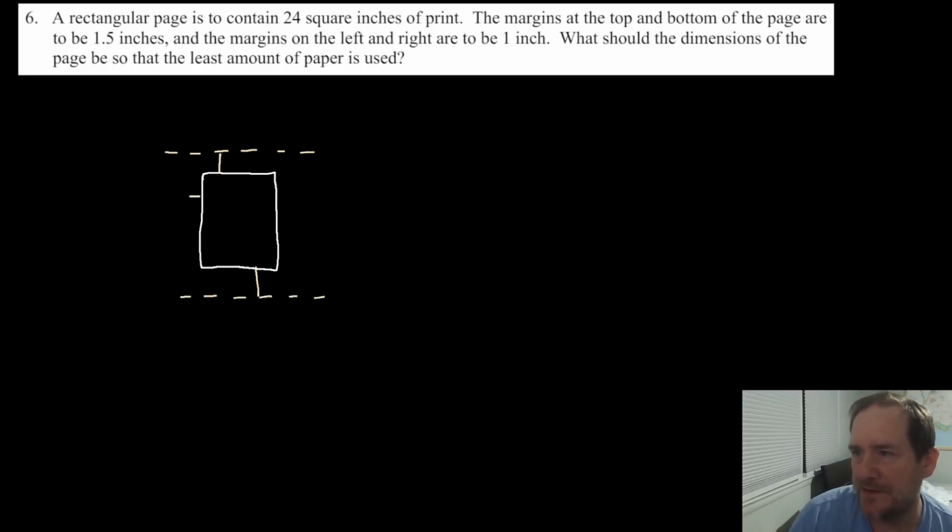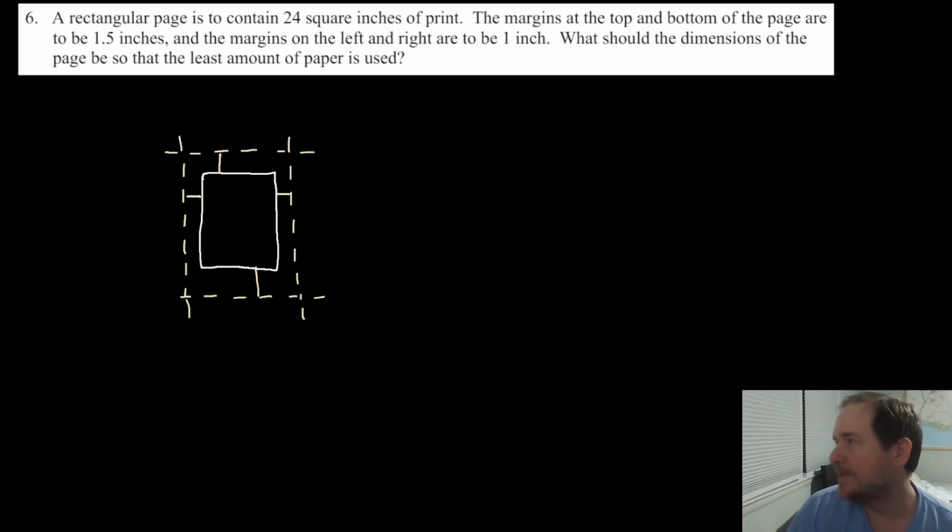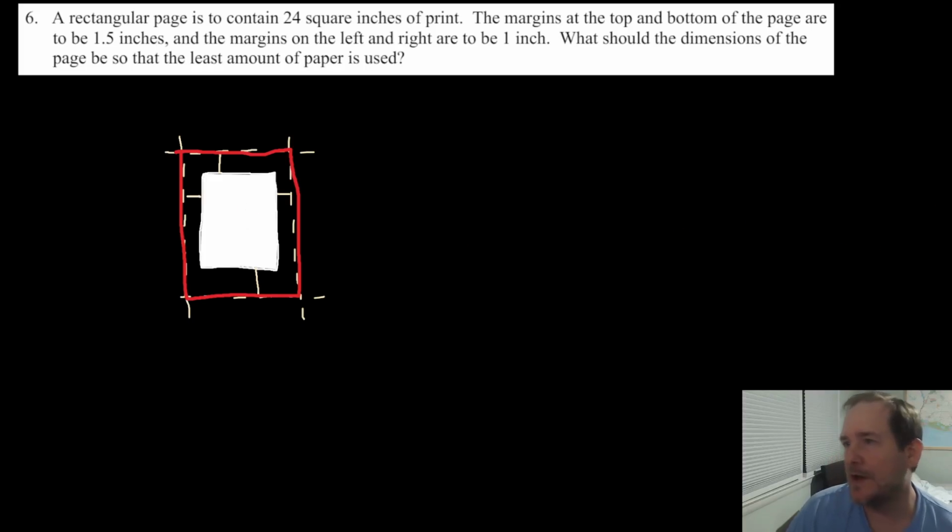And then we go left and right by only 1 inch, and that creates margins over here. So really what you've got is this big old piece of paper that has margins. But the area on the paper that you can actually print on is that area there. And that's supposed to be 24.